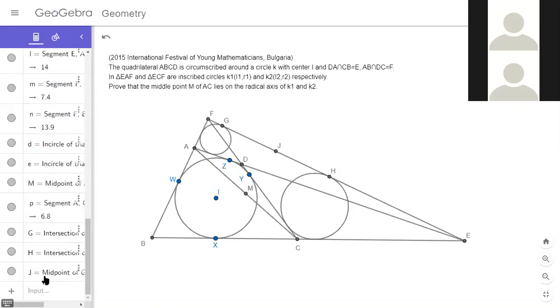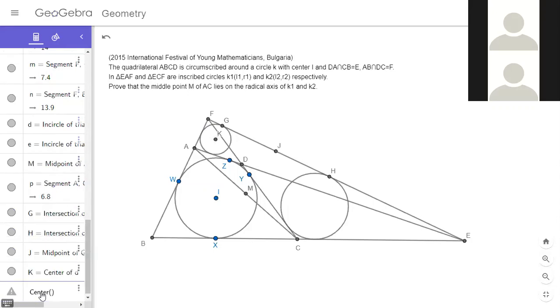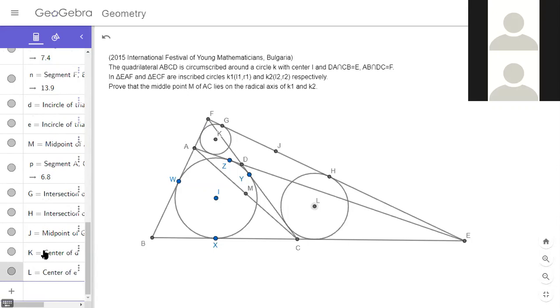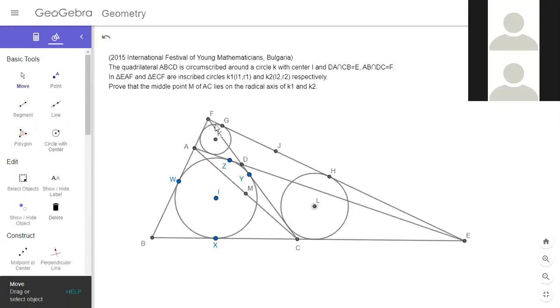So basically, if we draw the centers of those circles, so center of B and center of E, we want to show MJ is perpendicular to KL. I don't know if that's any easier, but it's just an idea. These are not collinear, but we want to show that MJ is perpendicular to KL. That would be one way to do it.